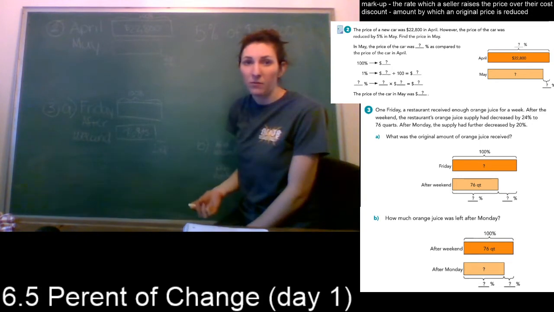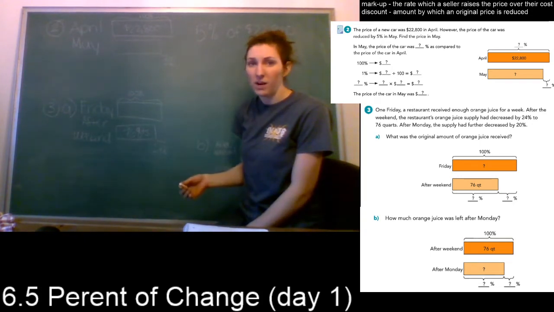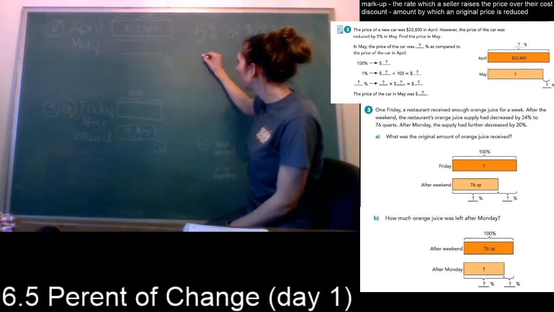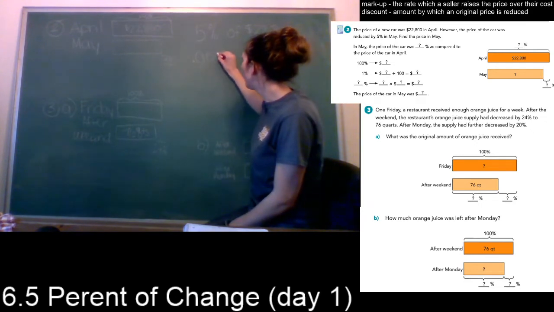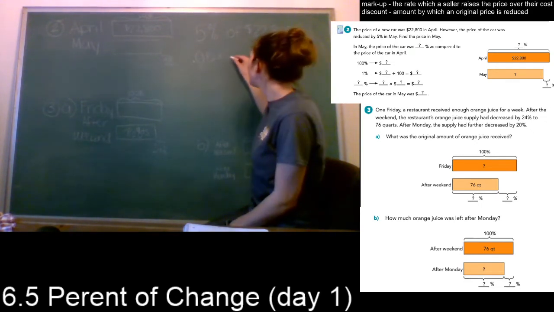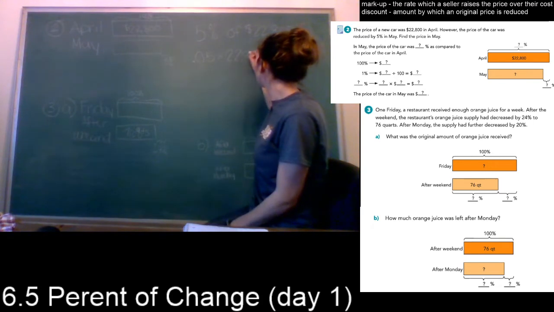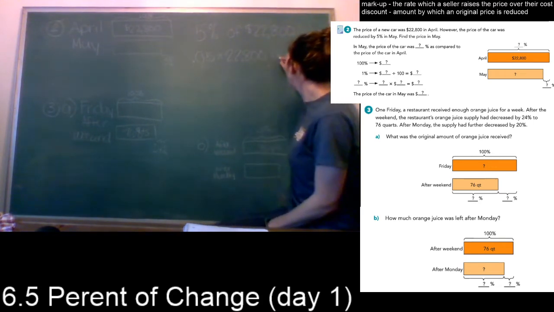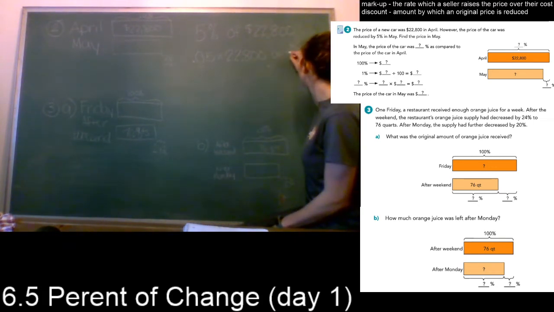Same as before, you can do decimals or fractions. Remember, you have to move your decimal 2 times, so it's 0.05 of, which means multiply, 22,800. Or you do it with fractions. Percents are always out of 100, so 22,800 over 100.